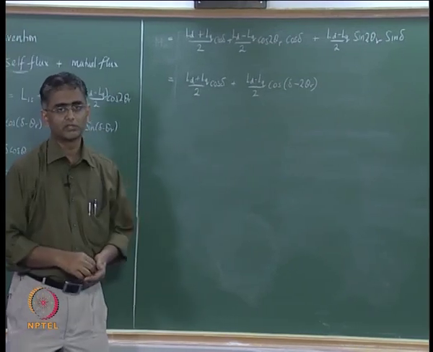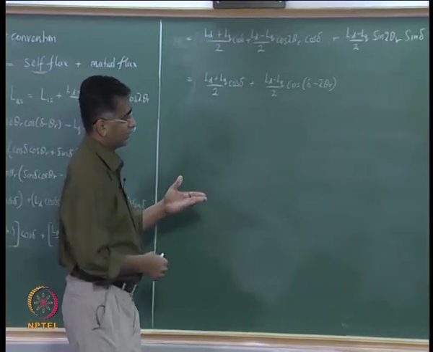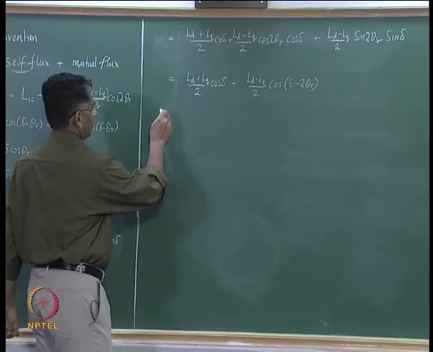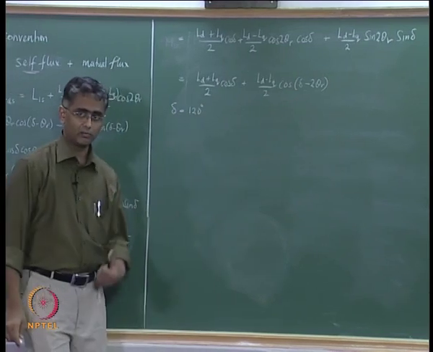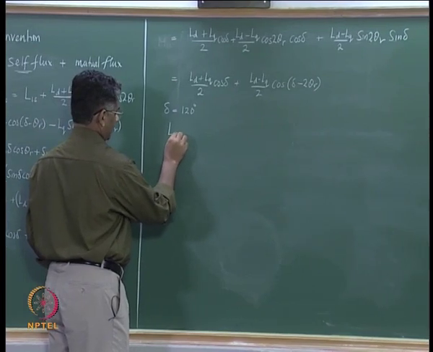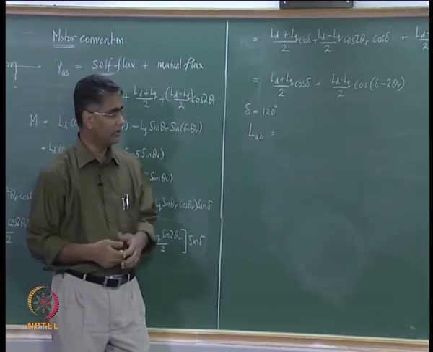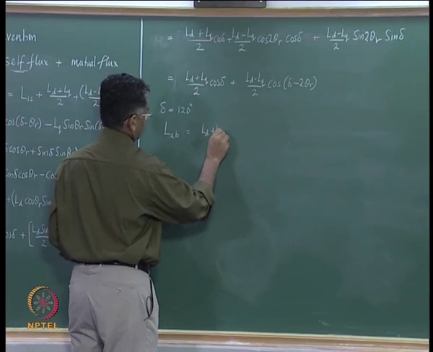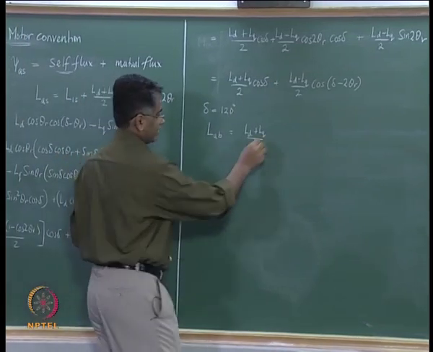So, this is the expression that we get for the mutual inductance, and in the case of a balanced 3-phase synchronous machine, we know that delta is equal to 120 degrees between the A and B phases. So, if we call LAB the mutual inductance between the A phase and the B phase of the stator, that can then be written as LD plus LQ by 2 into cos of 120 degrees, which is minus half.